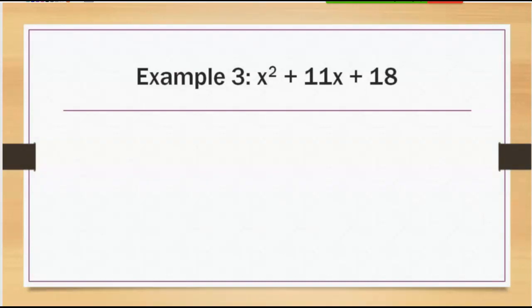Example 3, same idea. You want to take the factors of 18 that sum to 11, and then put it in factored form.